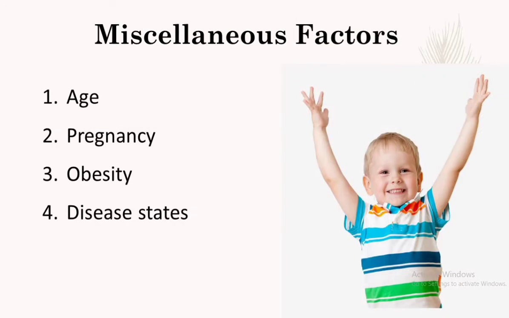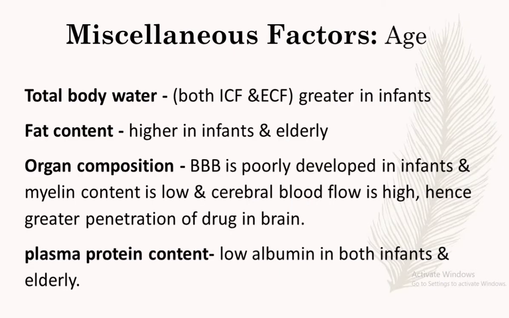Miscellaneous factors also affect our drug distribution, such as age, pregnancy, obesity, and disease state. Let's see age. The total body water is greater in infants compared with adults and the elderly. There is both intracellular fluid as well as extracellular fluid. In context of fat content, there is higher fat content in infants and the elderly compared to adults.